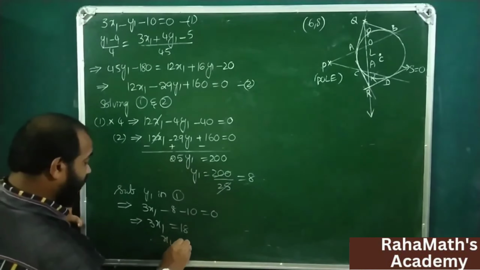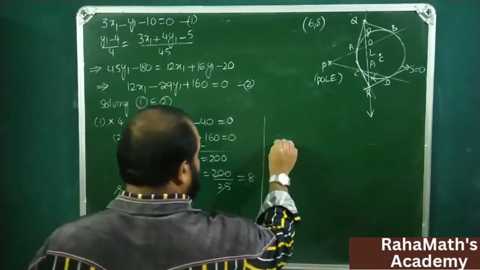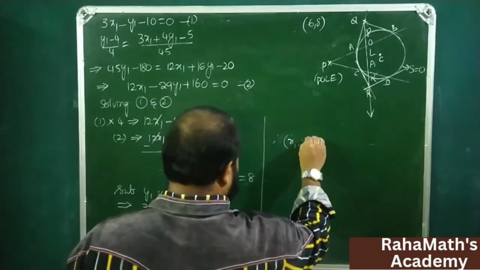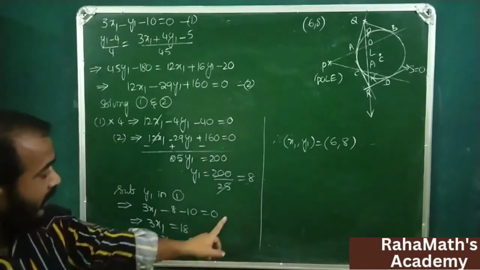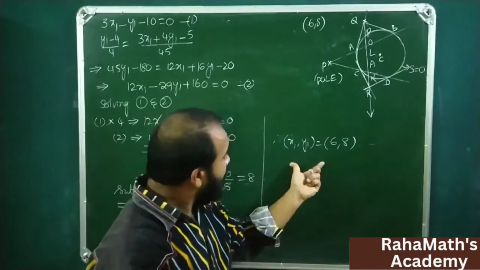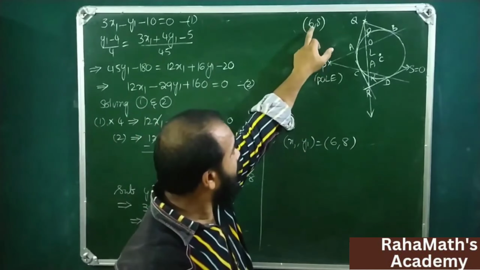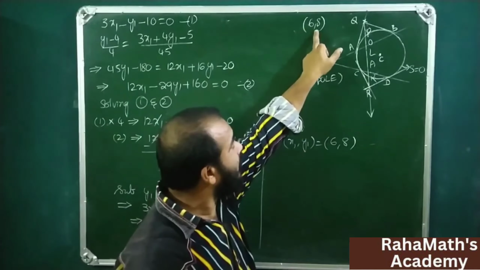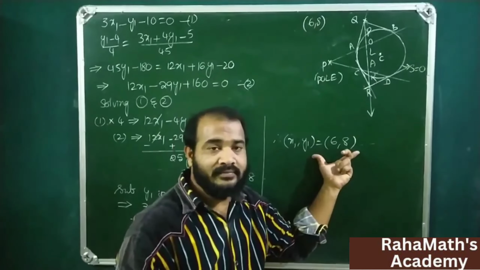Therefore x1 equals 18 by 3, which is 6. Therefore the value of (x1, y1) is 6 comma 8. You may check this with the formula based solution as well. I did not rub this, so 6 comma 8 is what we got earlier. So that and this can be compared.